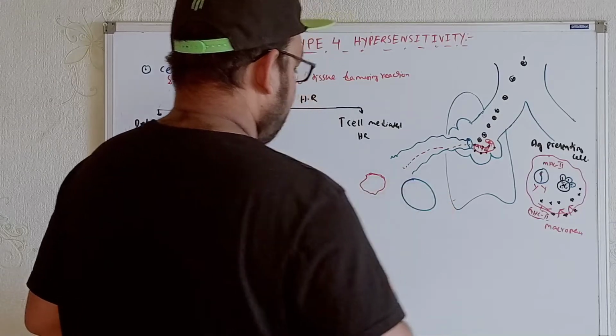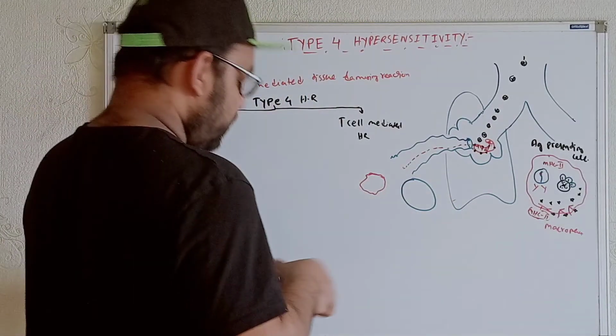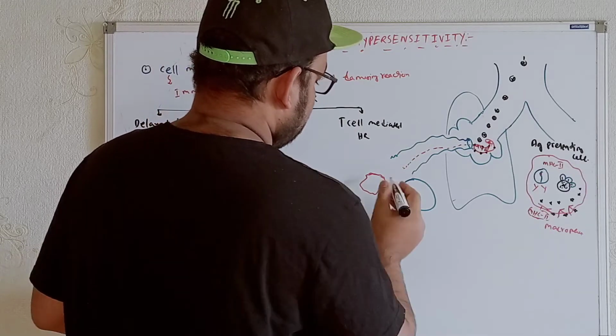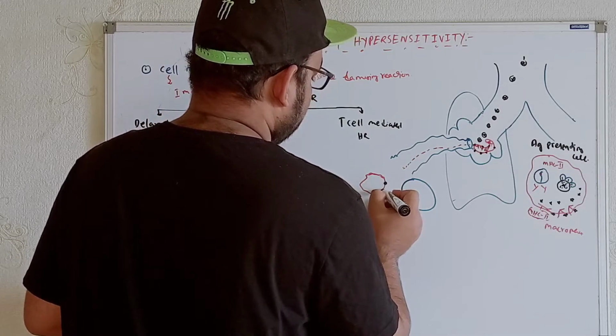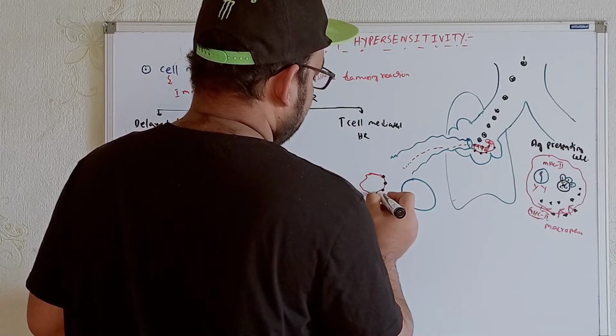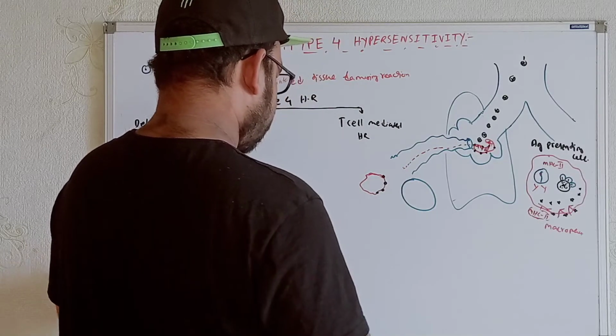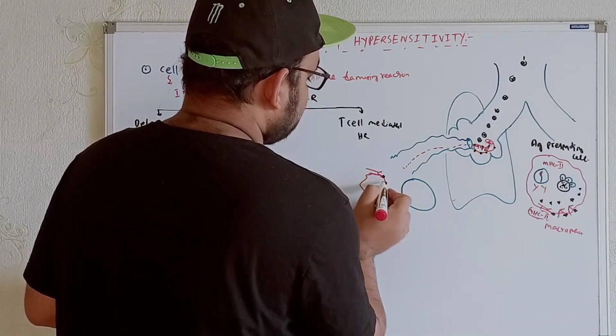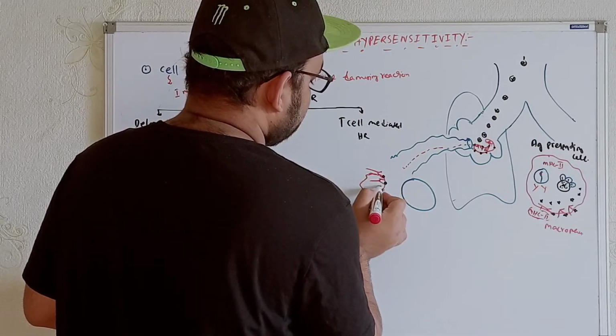Now what do we see here? Within the macrophage there is the presence of tubercular antigens, and along with that there is also attachment of MHC class 2 molecules.